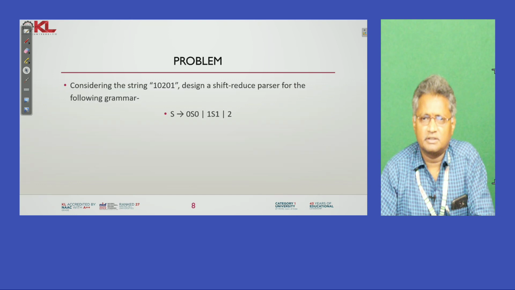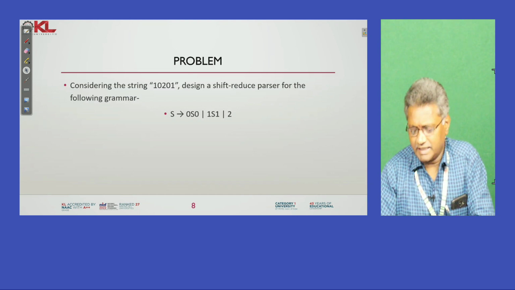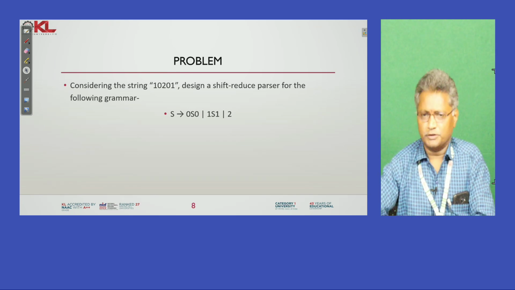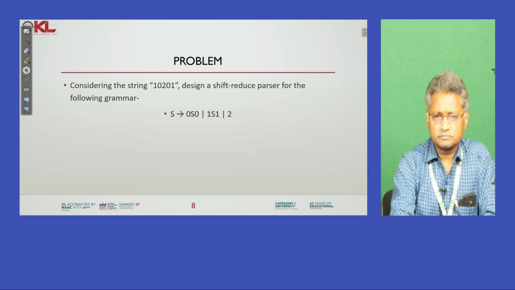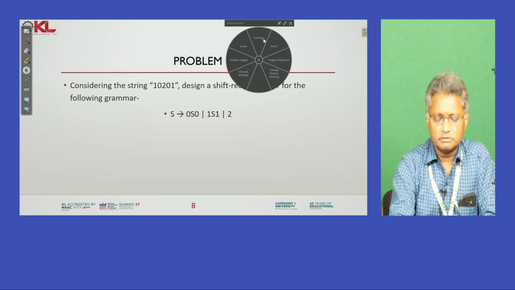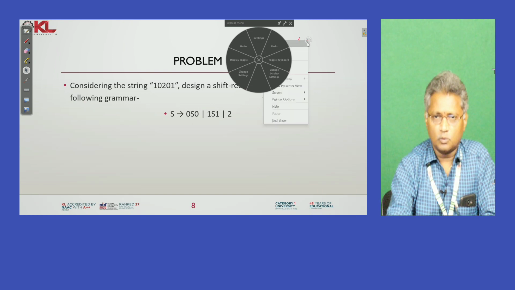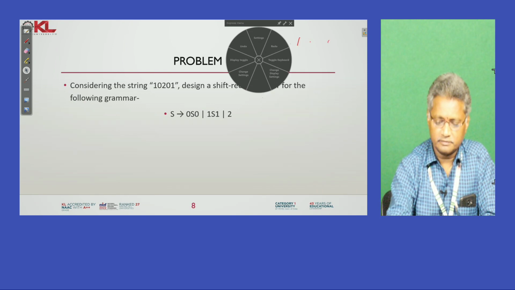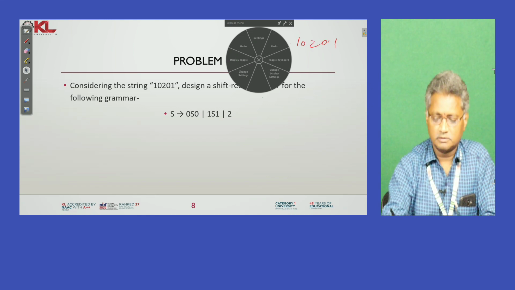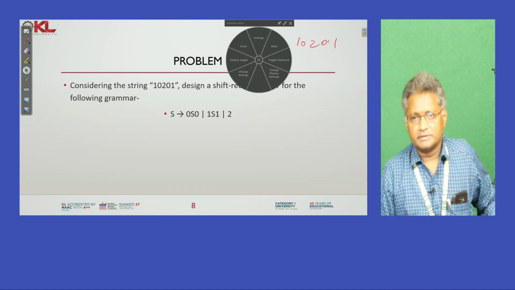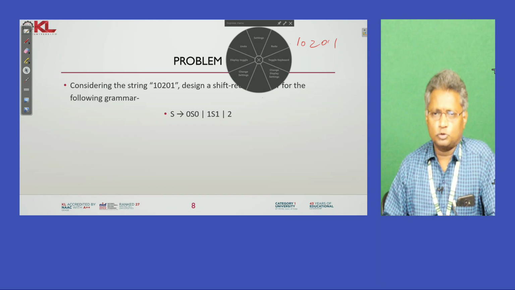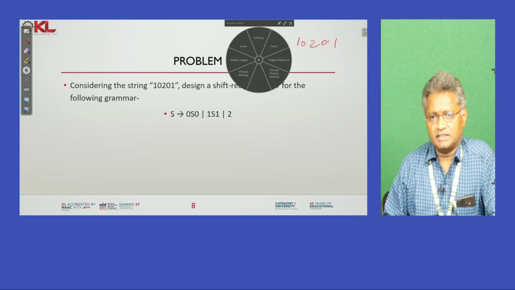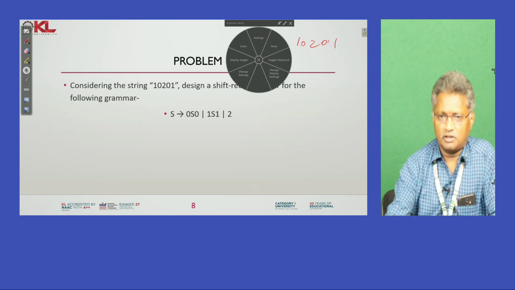The next one is, consider an example. Take the string 1 0 2 0 1. Considering the string 1 0 2 0 1, design a shift reduce parser using the following grammar.